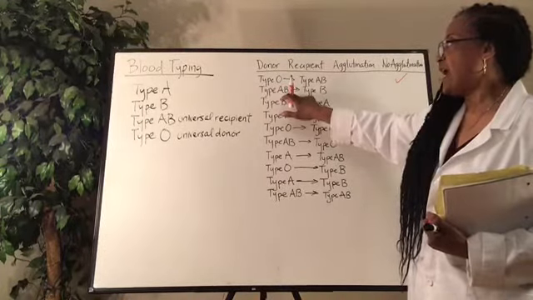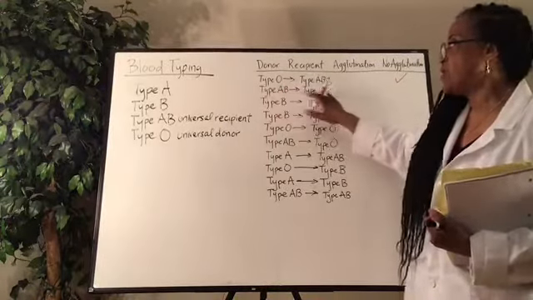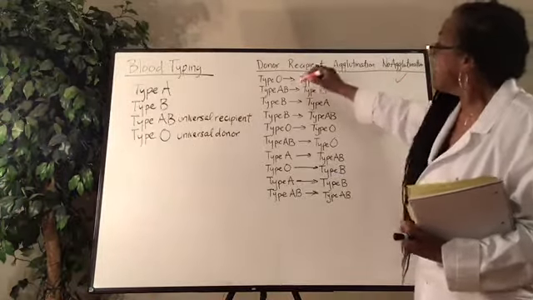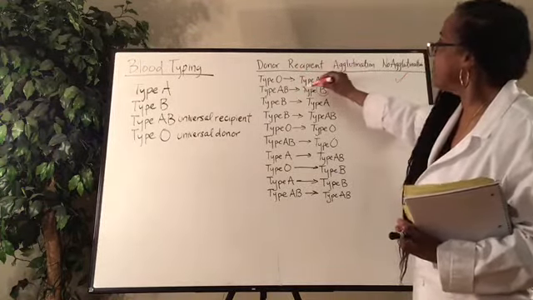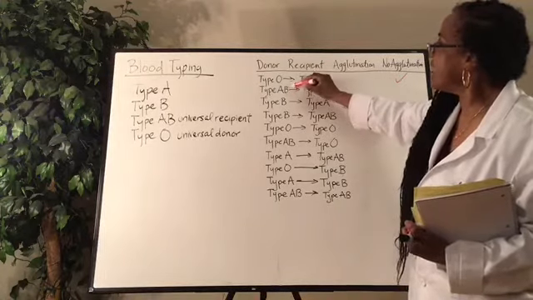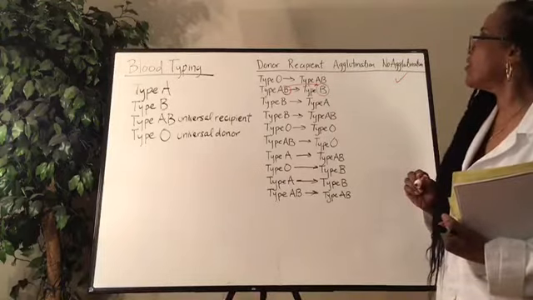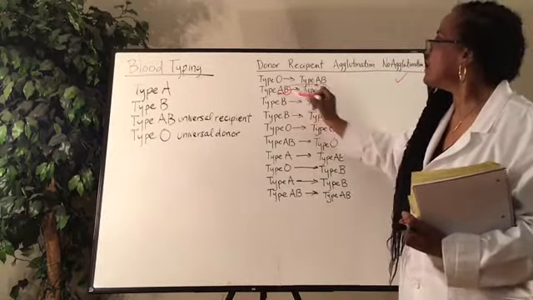Type AB, however, wants to donate to type B. Let's look at that. This B in the recipient column says, oh, I recognize B, that's cool, you can come on over. But then what is that?